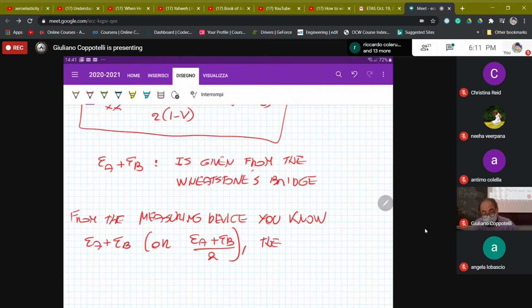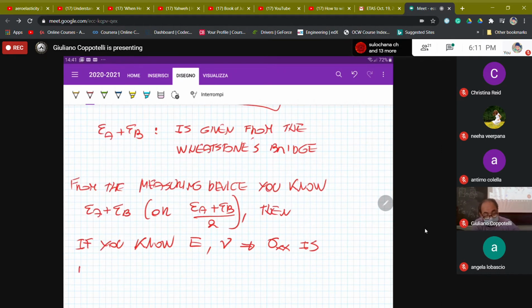Then if you know the Young modulus and the Poisson ratio of the material, sigma is known from the previous equation.